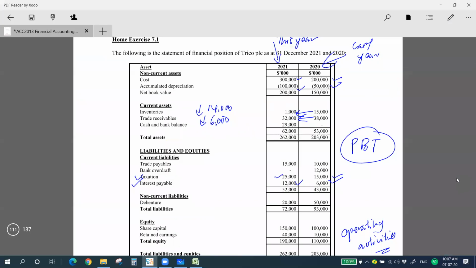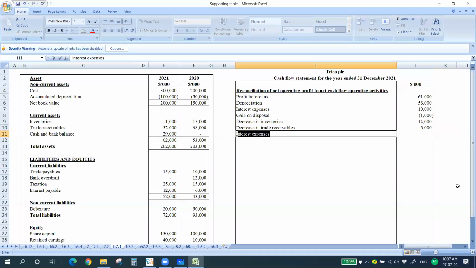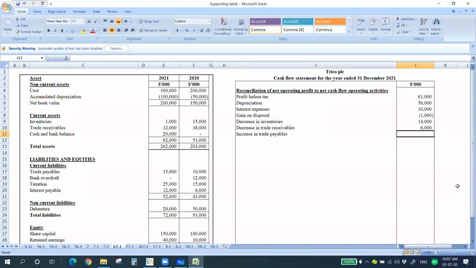So the next item is our trade payables, right? Trade payables from 10,000 to 15,000, should be increased by 5,000. So if you have an increase in trade payables, what is the impact?